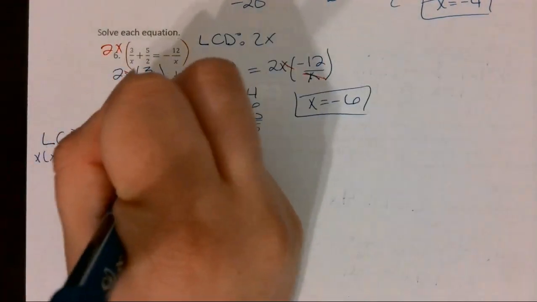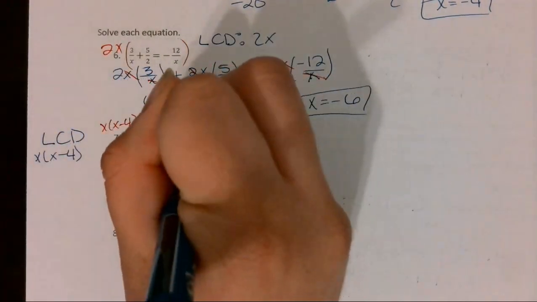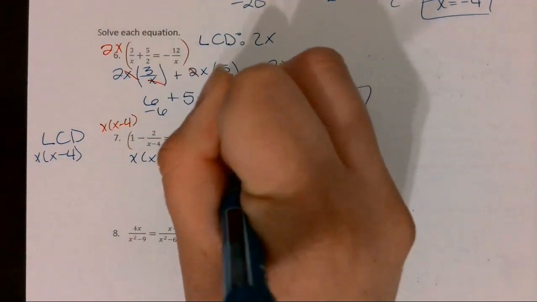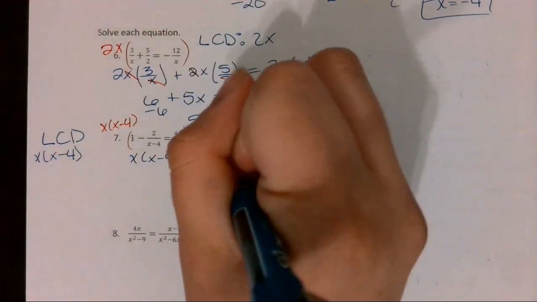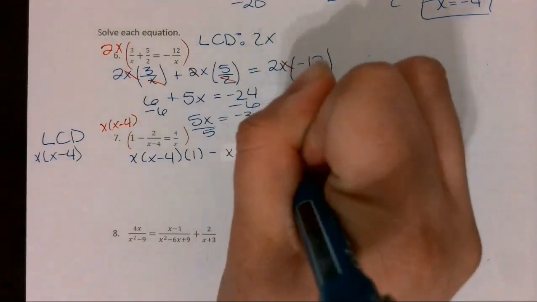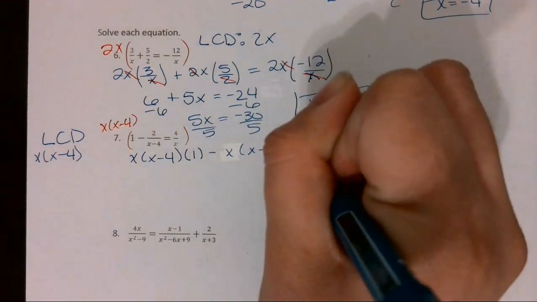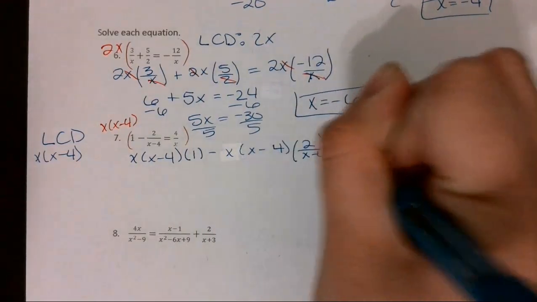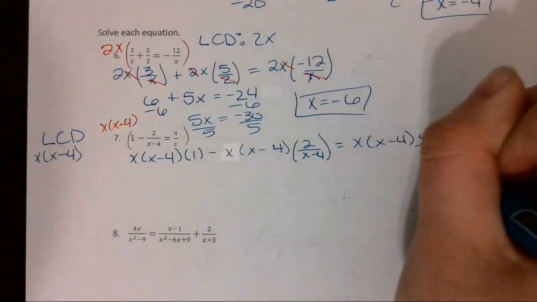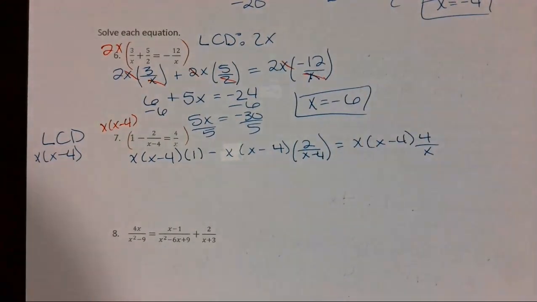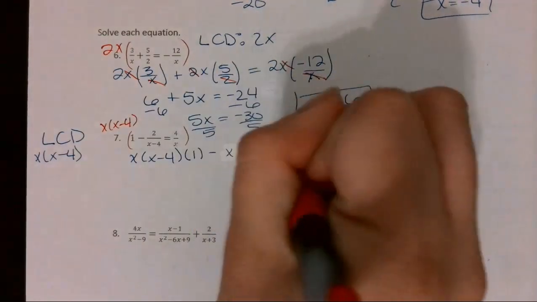So I have x times x minus 4 times 1 minus x minus 4, then times the 2 over x minus 4 equals x times x minus 4 times 4 over x. I go and cross out things that are repeated on the top and bottom.